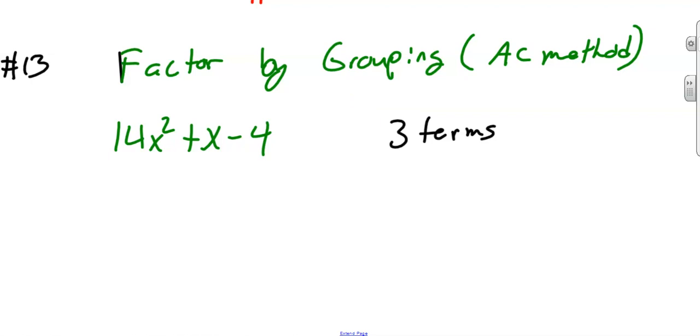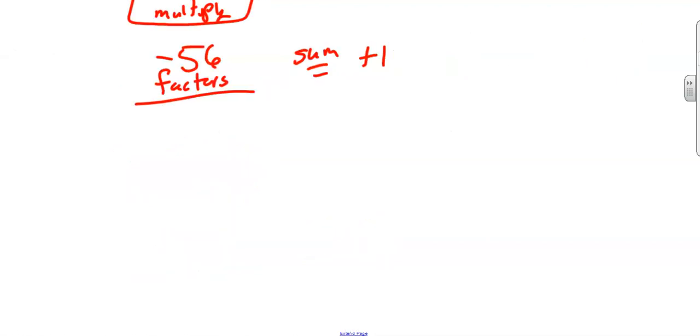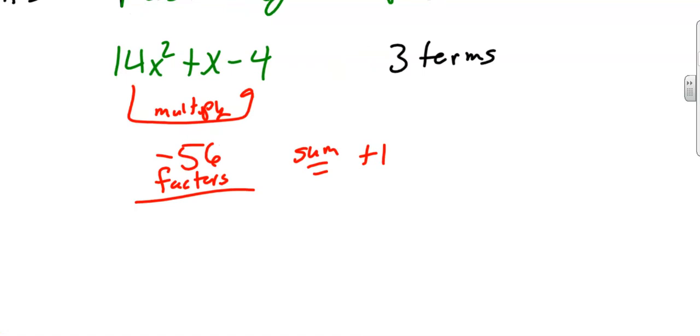So we'll go ahead and do the AC method first. So it's 4 times 14, which is negative 56. So it's the factors of negative 56, where the sum is going to equal positive 1. Okay, if you go through your numbers, it's definitely not 1 and 56.